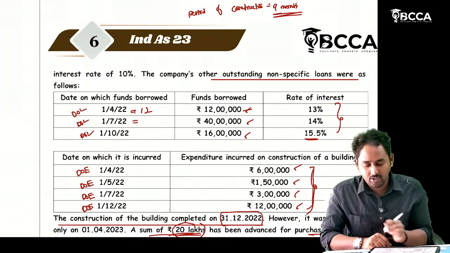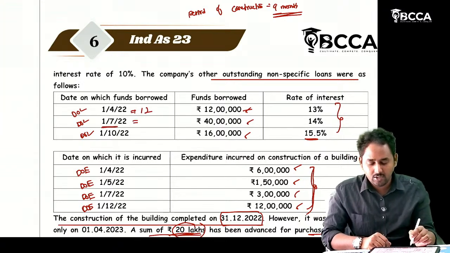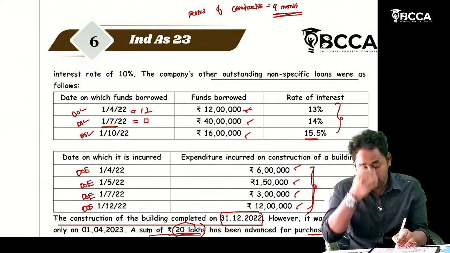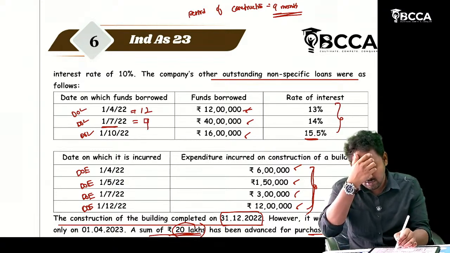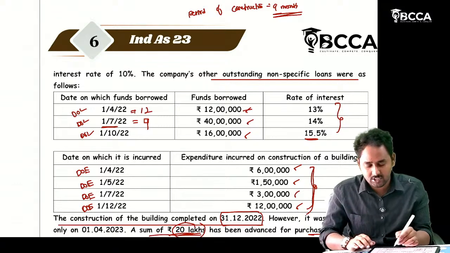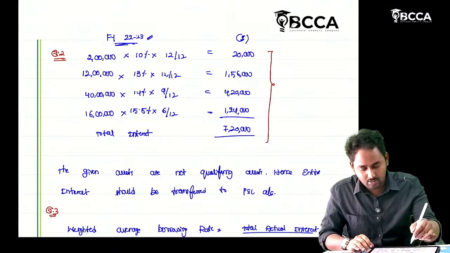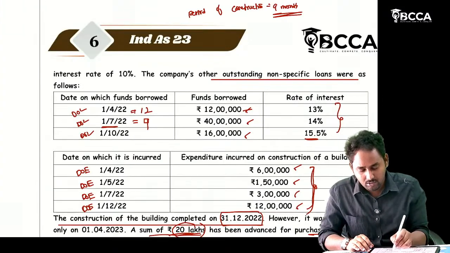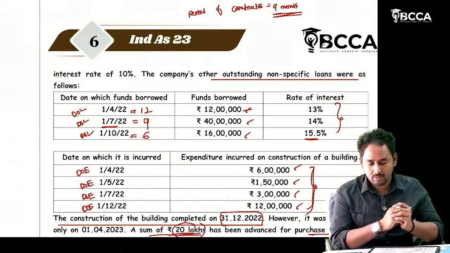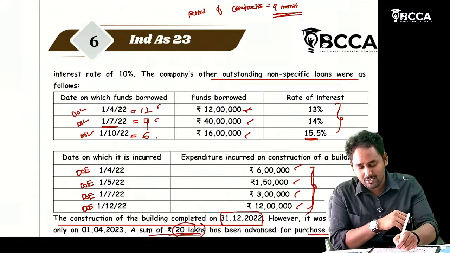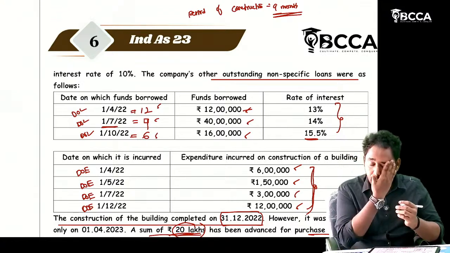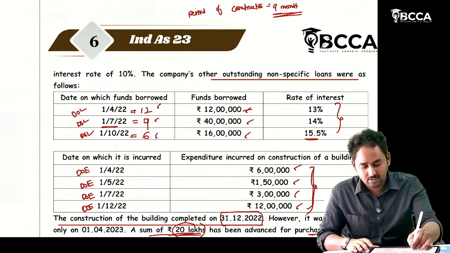For this loan, how much period has been outstanding? It started from July, so April, May, June, 3 months have expired. Then this loan has been outstanding for only 9 months. For the other one, it has been outstanding for only 6 months. So 12, 9, 6 are the time periods for which we should calculate the interest.